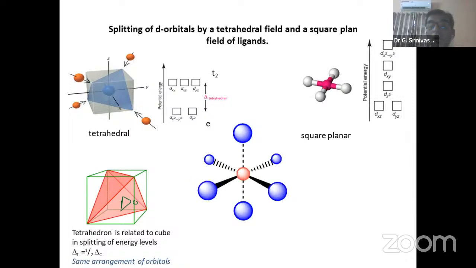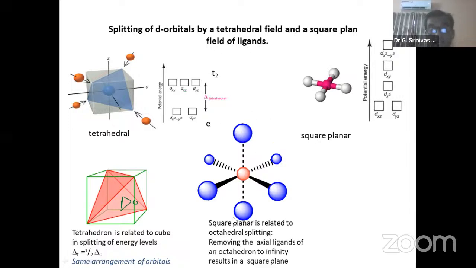This is the octahedral complex, the first one. If you remove the Z ligands, that is this ligand and this ligand, that will form the square planar complex. So this is the square planar. That's why the energy levels are dxz, dyz, dz square, dxy, dx square minus y square.